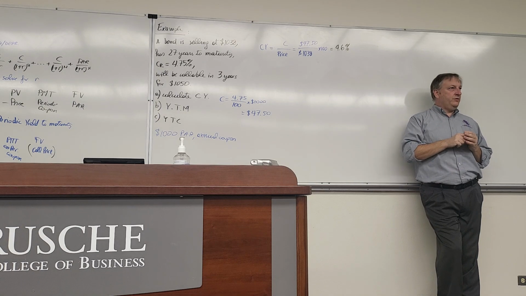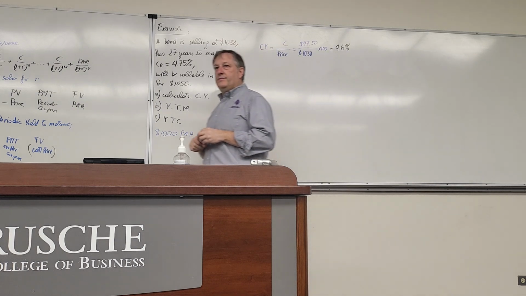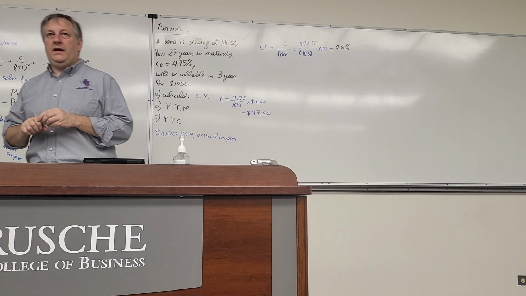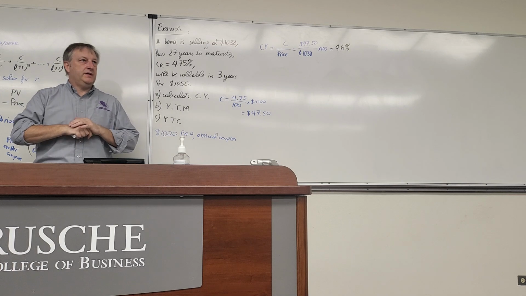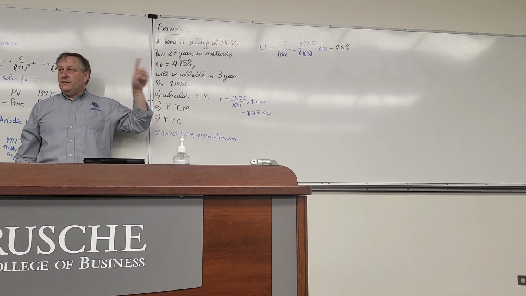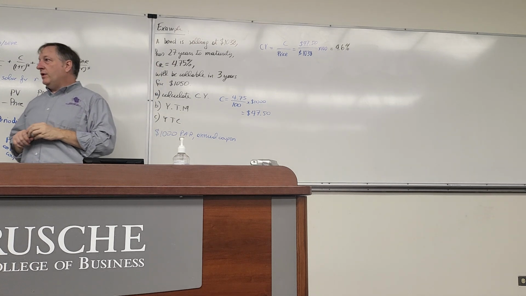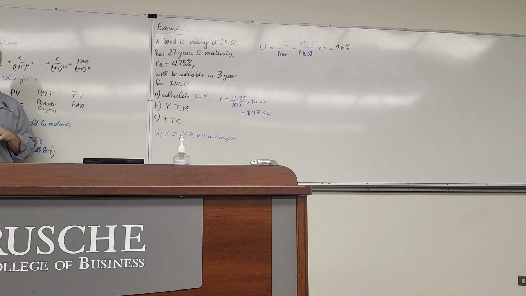Based on this, before you do anything else, is the yield to maturity going to be higher or lower than that? And how do you figure it out? Think about what we said about the current yield. What kind of bond is this, premium or discount? Premium, right? The price is above par.